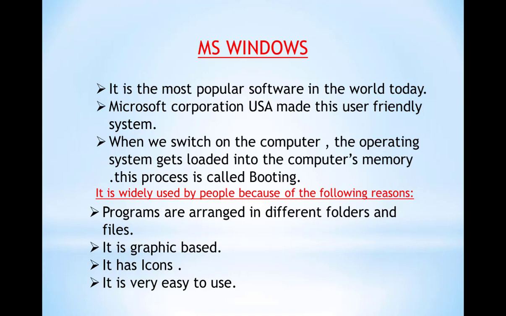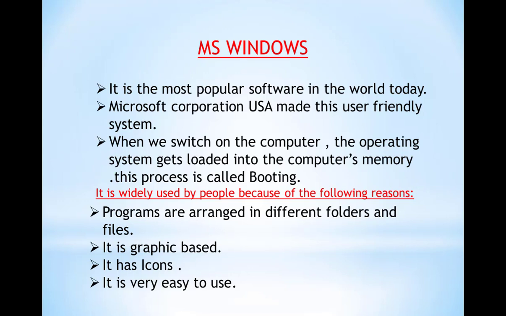When your computer booting is over, you see a picture of a window flag. Now, most people use the MS Windows operating system in the computer. Why is it widely used by people? There are so many reasons. First reason is programs are arranged in different folders and files.